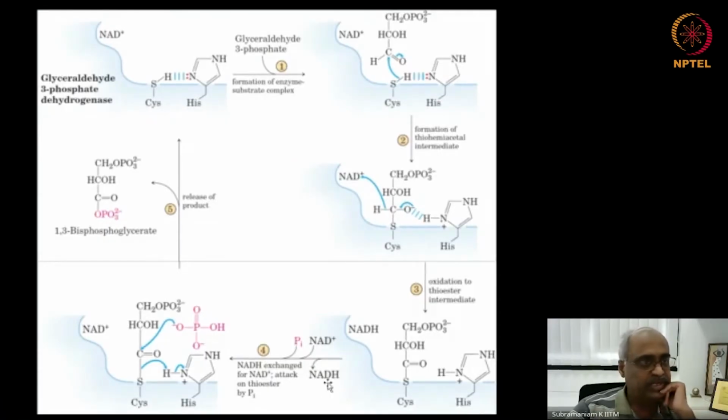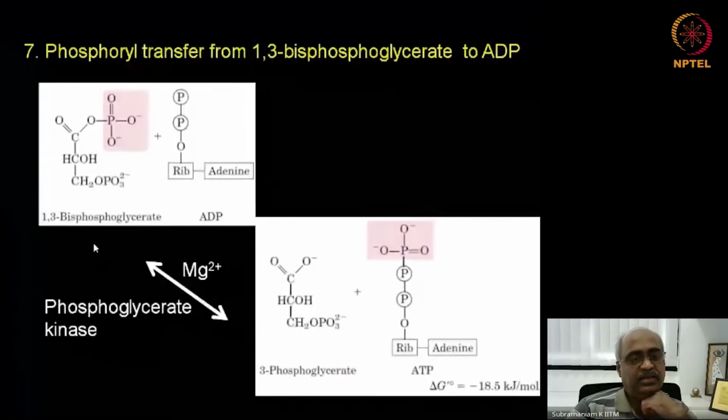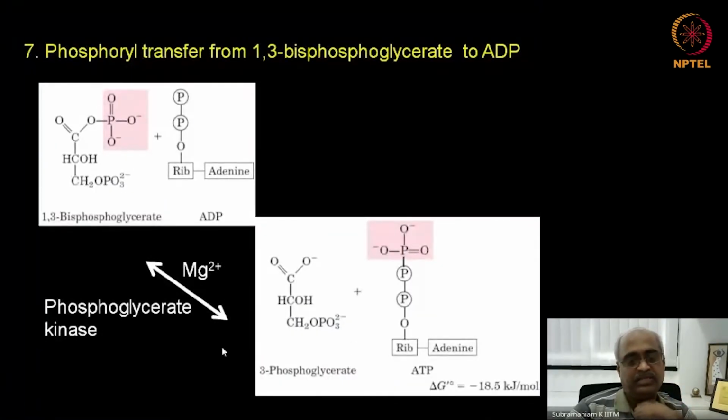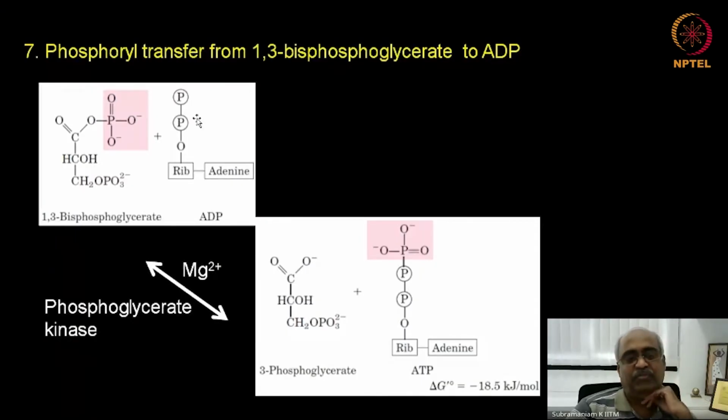of reduced NADH. And in the next step, the enzyme name is for the reverse reaction, where 3-phosphoglycerate gets phosphorylated to 1,3-bisphosphoglycerate. So the enzyme name comes from that: phosphoglycerate kinase. But in the glycolysis sequence, of this 1,3-bisphosphoglycerate, one of the high energy phosphate bonds is transferred by making an ATP molecule.